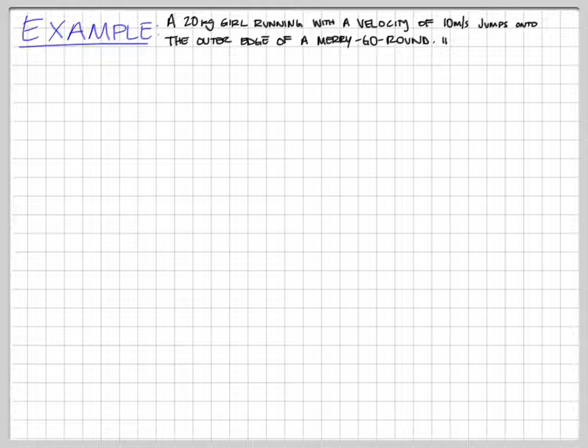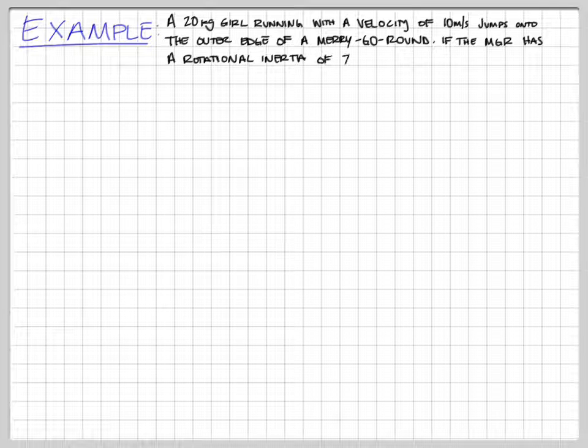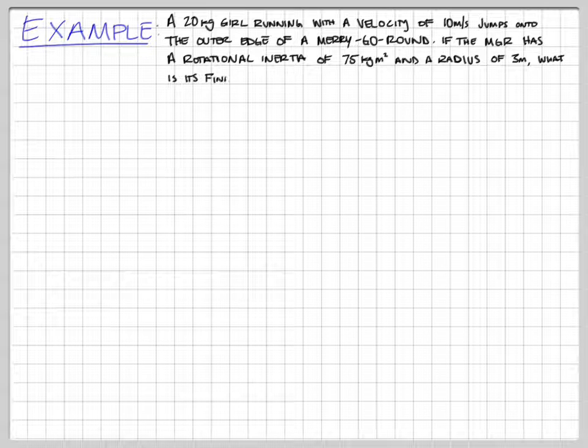Now, this merry-go-round, I'm just going to call it MGR, has a rotational inertia of 75 kilograms meter squared, and that outer radius is 3 meters long. What I want to do is figure out how fast it's going after the girl jumps onto it.